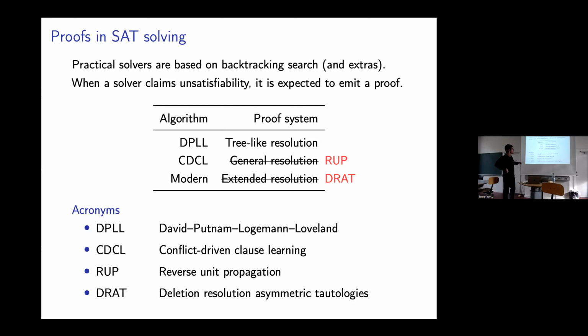Here are the acronyms. RUP is reverse unit propagation, which is a generalization of general resolution. But general resolution also polynomially simulates RUP in the sense that I mentioned in the previous slide. But you have some slowdown, and in practice, these slowdowns start to become important.